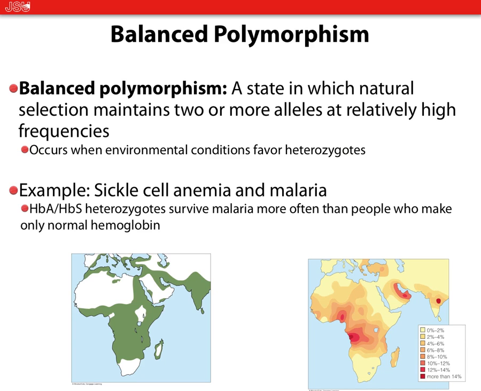Here's that picture we've been going over, one from mommy, one from daddy. If you have the sickle cell anemia allele here and then a normal one here, that's sickle cell trait. If you have sickle cell trait, you have protection against malaria. So again, another example of that.